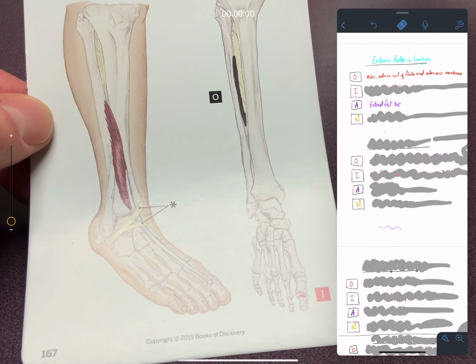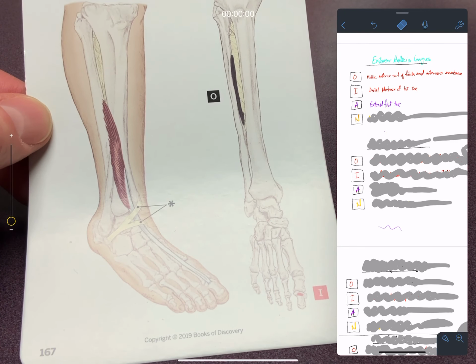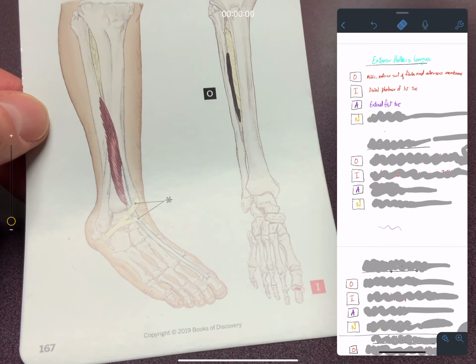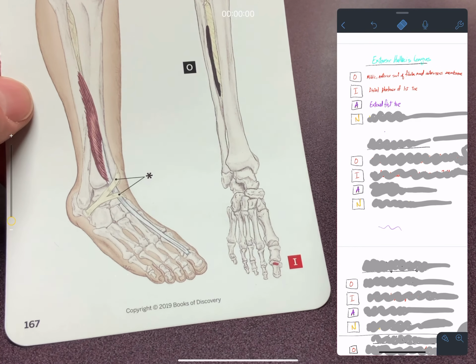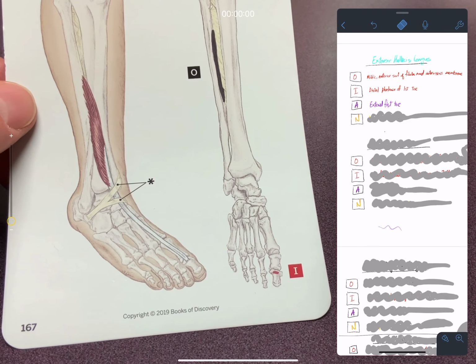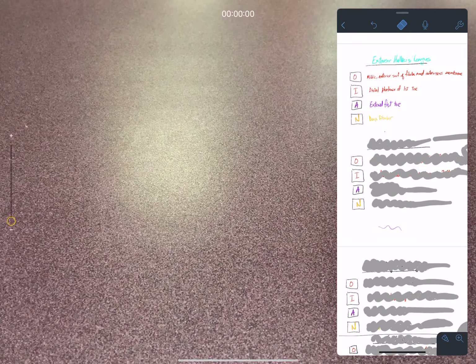Its insertion is on the distal phalanx of the first toe. Phalanges is plural for phalanx, which is singular. And what nerve goes to the extensor hallucis longus? The deep fibular. We're seeing a theme here on the front side of the leg.